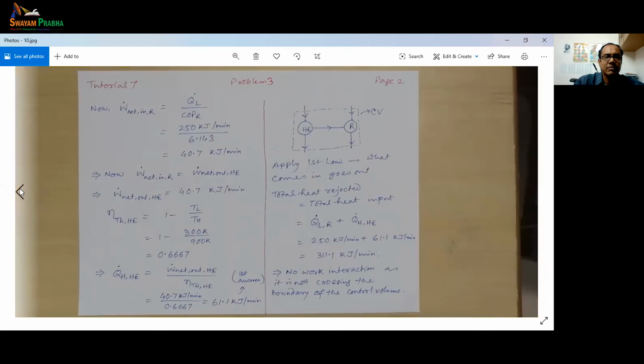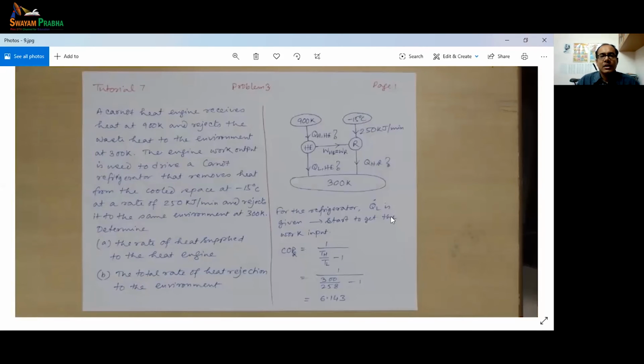So in this problem we have talked about a Carnot heat engine and a Carnot refrigerator. For both of them we can find out the coefficient of performance and the thermal efficiency. And for a Carnot engine, this is the speciality: the efficiency or the coefficient of performance depends only on the reservoir temperatures.